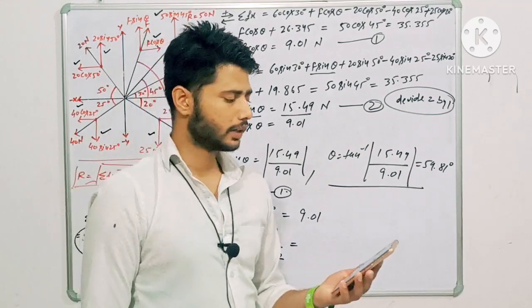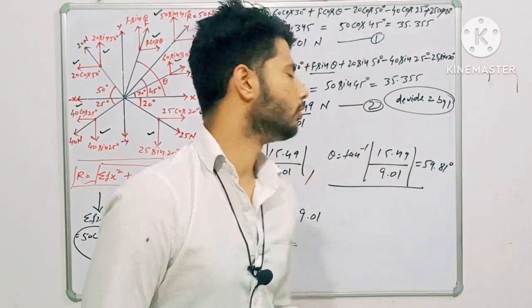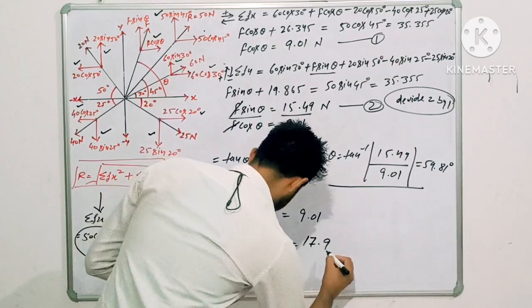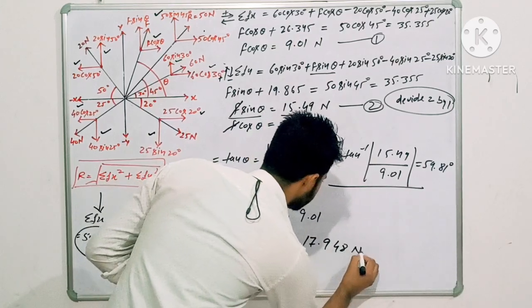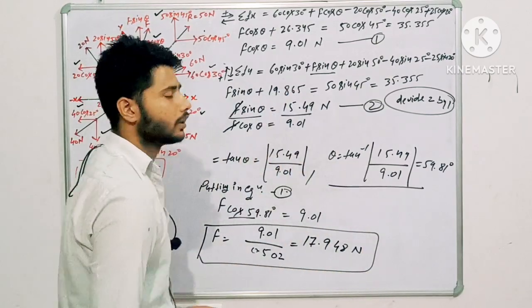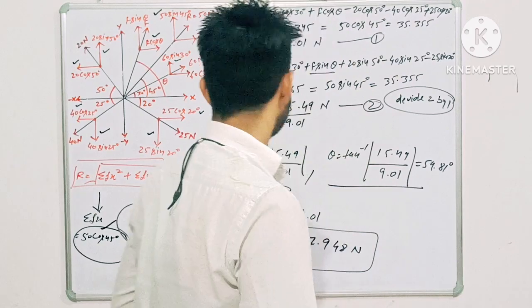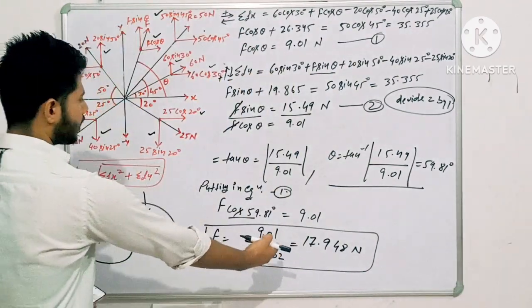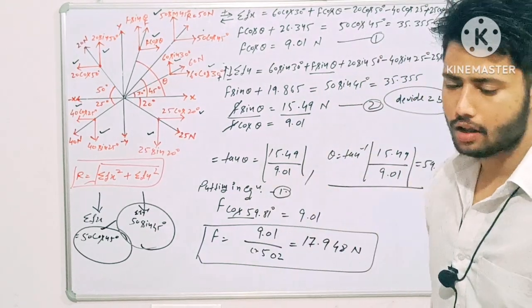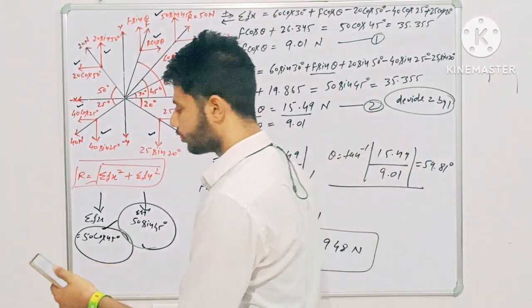Our answer is 17.948 Newton. So the value of F is 17.948 Newton. Finally, we have got it, the value of force F is 17.948 Newton.